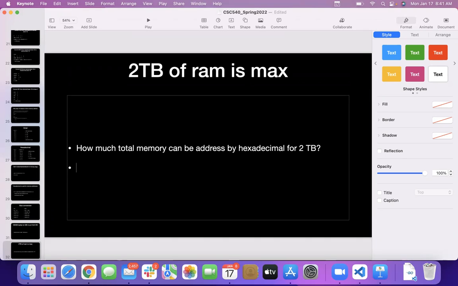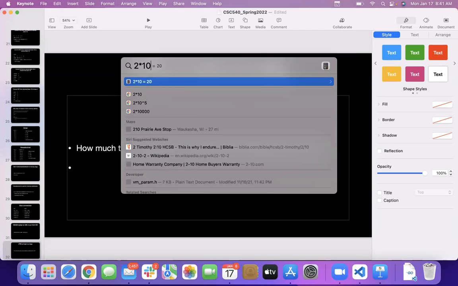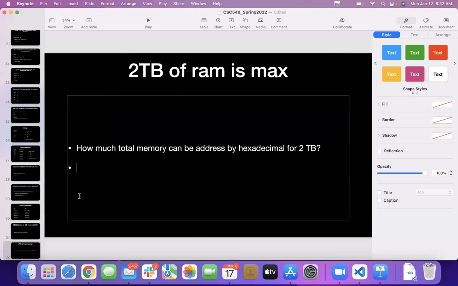Let's get this into gigabytes. 2 terabytes times 1024 gets us gigabytes, so that's 2048 gigabytes.